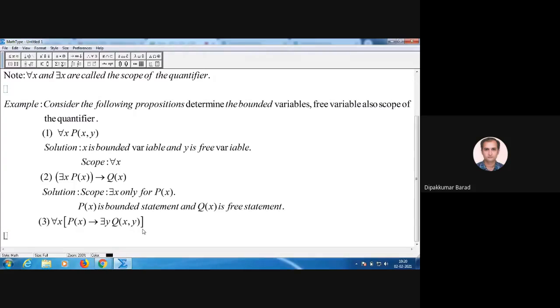So I can interpret it: in q of xy, x is a free variable and y is a bounded variable.